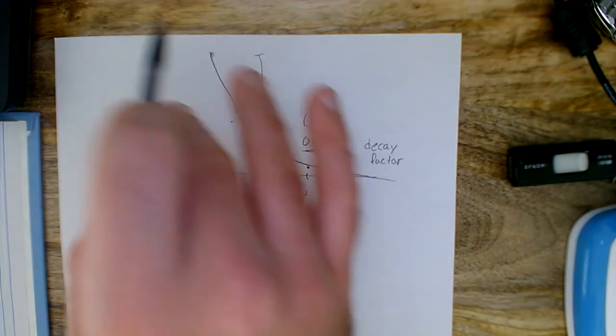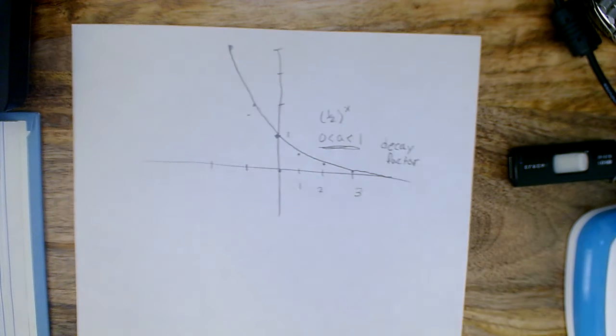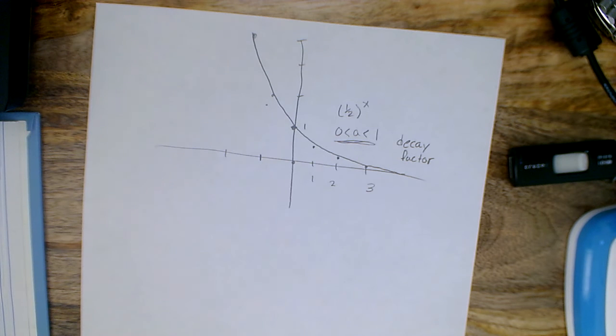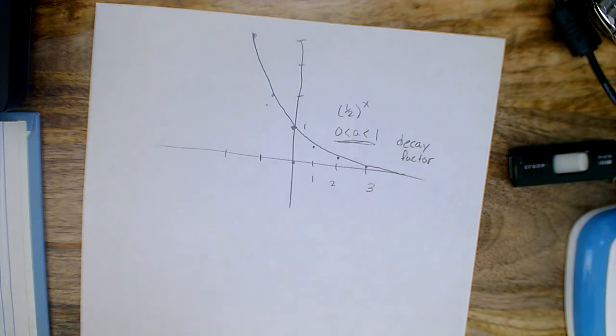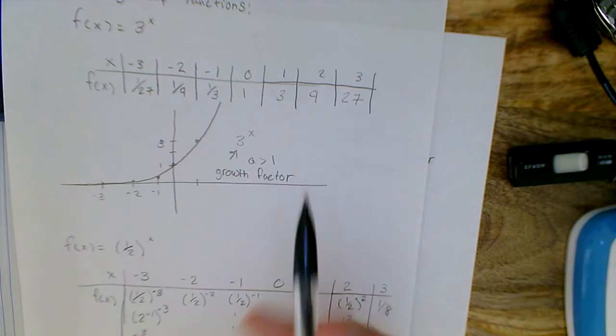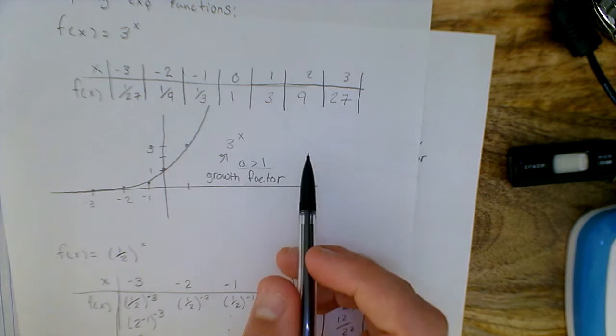And if a is in between 0 and 1, your exponential graph is going to be decreasing. Remember before, when we talked about linear functions, mx plus b, if m is positive, then the slope is positive and you have an increasing function. If m is negative, you have a decreasing function. Here, same idea, except in exponential functions, it matters what your a value is.